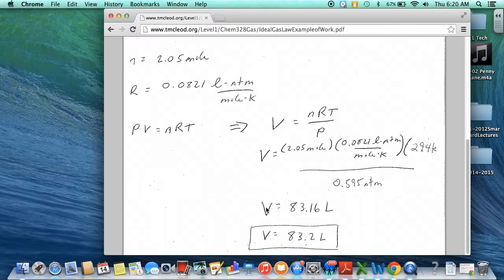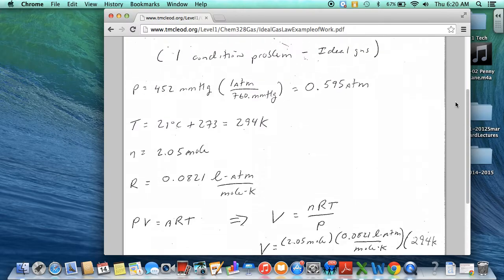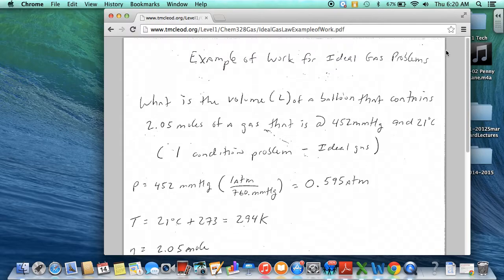So volume is equal to so many liters, and then you put it into 3 significant figures. Now let's say you want it in milliliters. You don't change the constant. You just get into liters, and then you change the liters into milliliters at this point. That's how you do an ideal gas law problem.